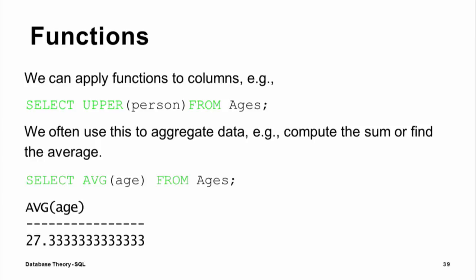So let's move over to functions. And there's a lot more than this. This is just a couple of them. If you would like to turn your person names into uppercase, then you can apply the upper function.